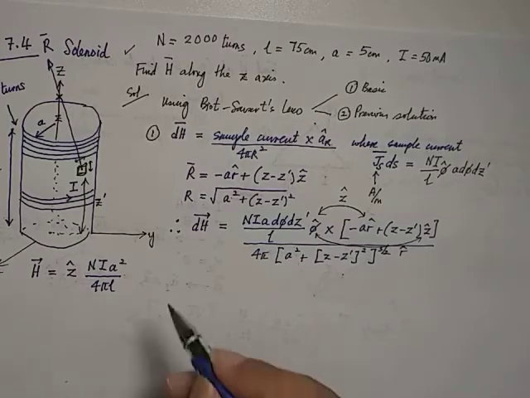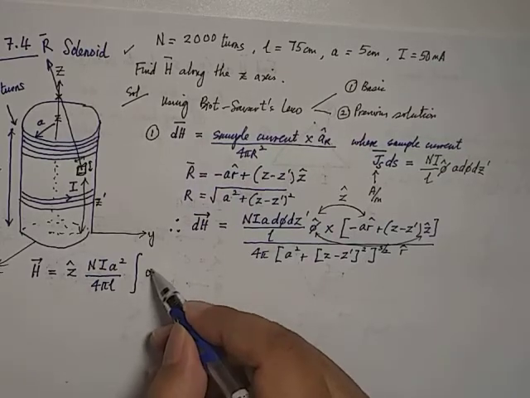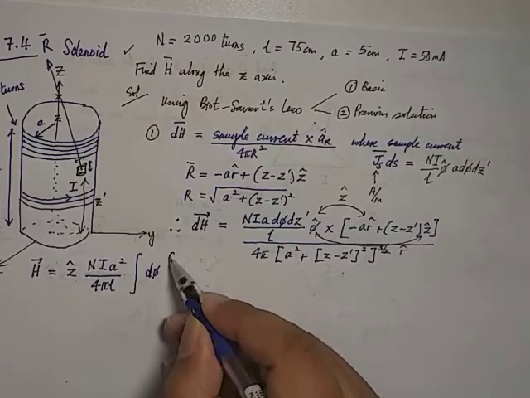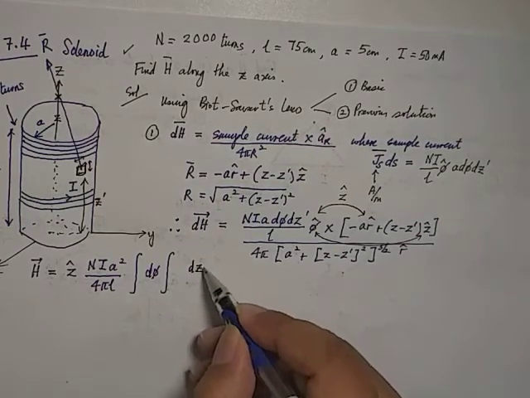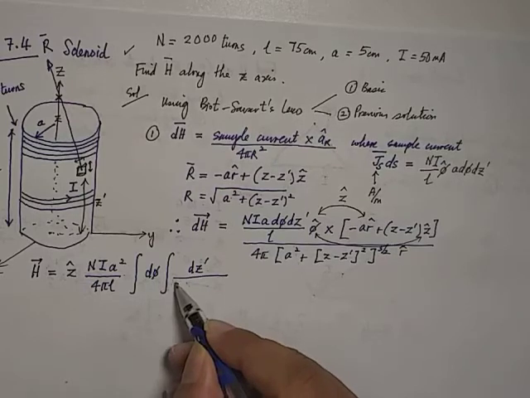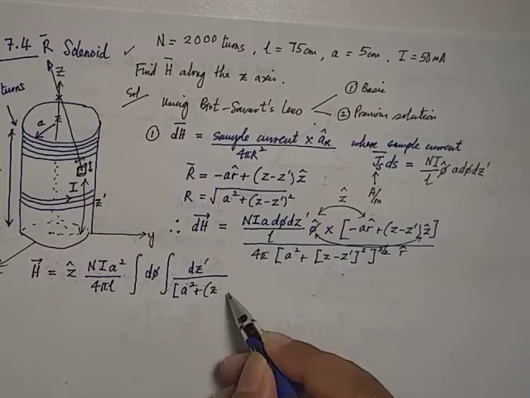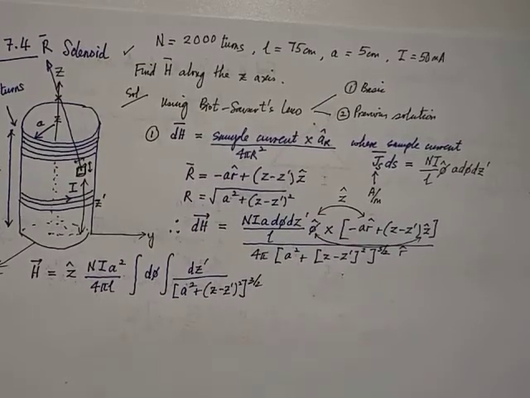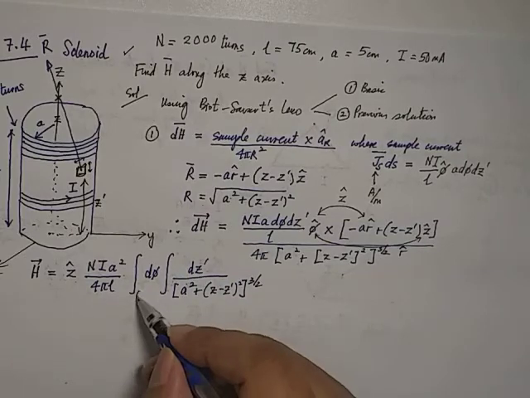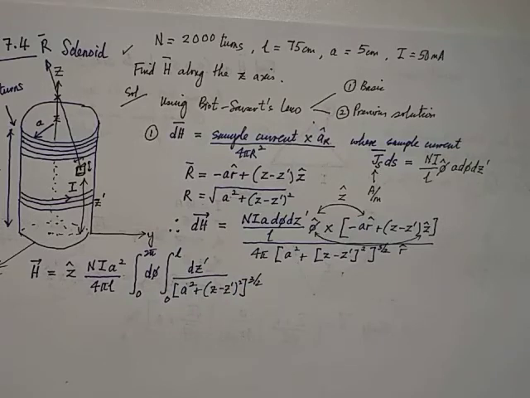And then I'm going to do my integrations, first with respect to dq, then with respect to dz prime, dividing everything by A squared plus Z minus Z prime squared, power of 3 over 2. The limits are 0 to 2 pi, and 0 to L. So that should be what we should do.